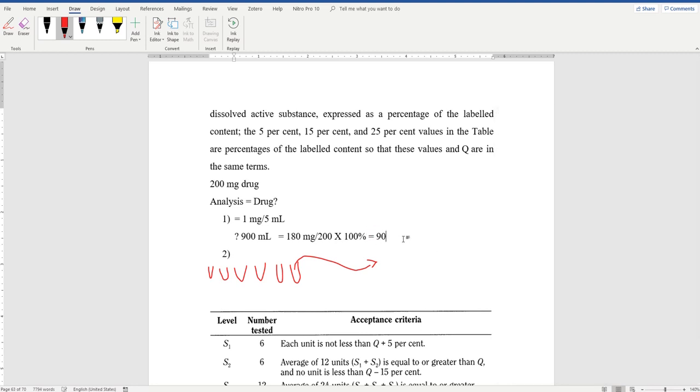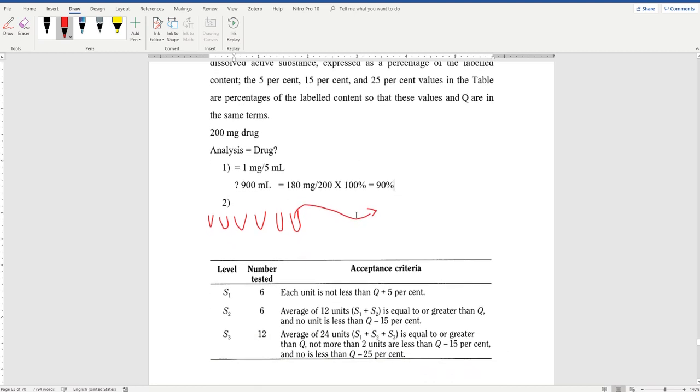You'll get 90%, for example. So you will get a percentage, maybe 90, 95, 85, 70, etc. You get 6 numbers. Now, what is the criteria to pass? It says that each one of the vessels, the drug from the tablets, must have dissolved by not less than Q plus 5.